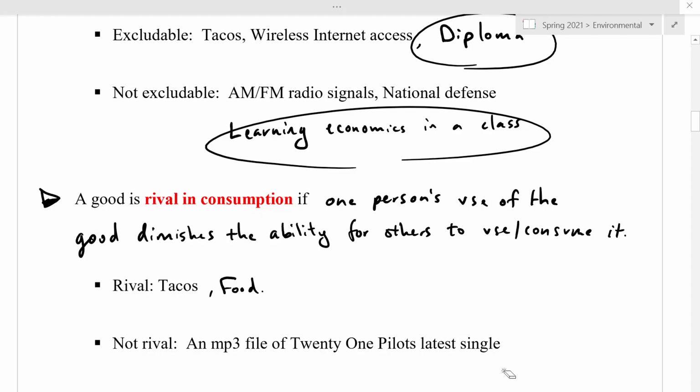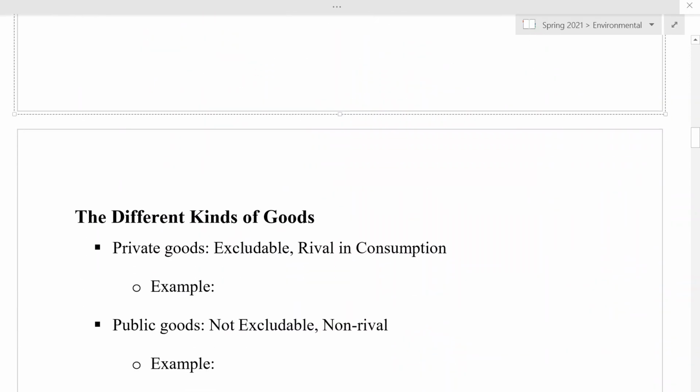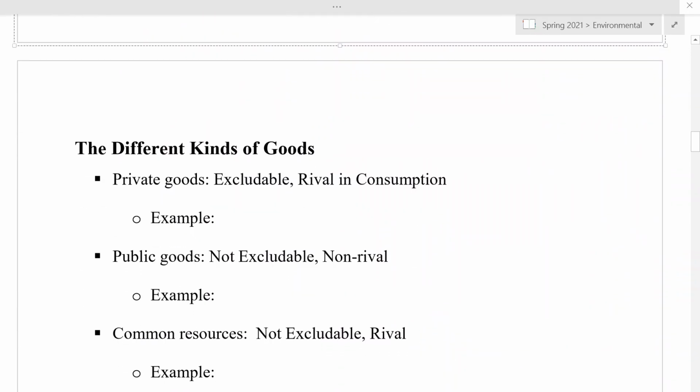Potentially, if you get into things about spending time in office hours, but if it's a small number of students, adding one more student isn't going to change that much. So yeah, rival in consumption and excludability. These are important, and with these, we're going to classify goods into different types of categories.